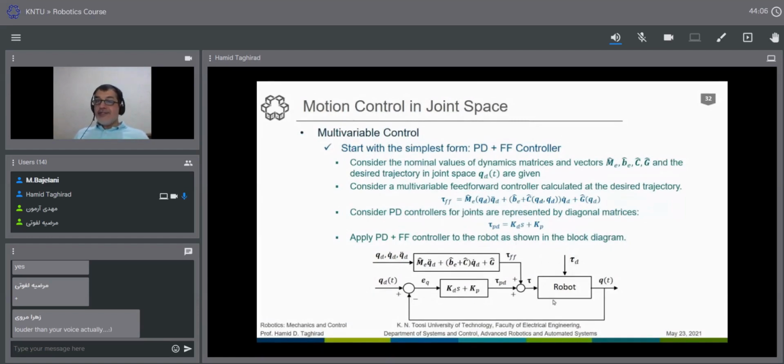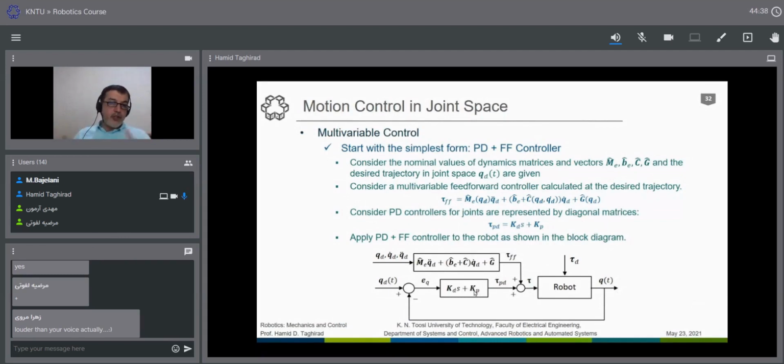And the structure of the controller is borrowed from the previous one. We use a PD controller, but a multivariable PD. Here, as you see, KD and KP don't have any index i. There are two matrices, and we use diagonal matrices. If it is 6 degrees of freedom, KP is a 6 by 6 matrix that at the diagonal terms we have some PD gains.